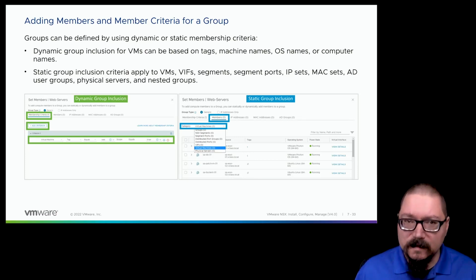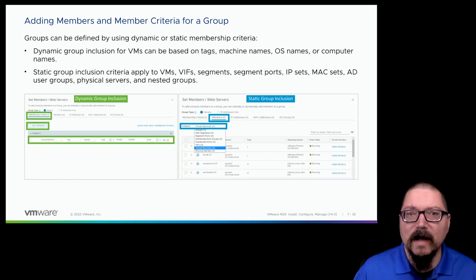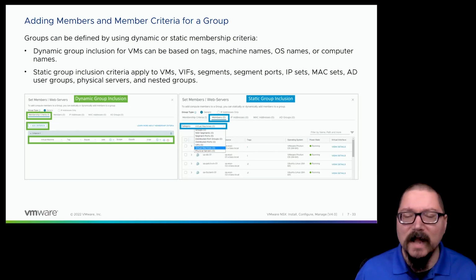What we're looking at, the dynamic membership option is highlighted in green in the slide here, where we choose our membership criteria and we start to define, if a virtual machine name contains this string, or virtual machine has that tag, or virtual machine has an operating system name of Linux or Windows or whatever it might be, right? These dynamic criteria that we can set up, sets of to include virtual machines into this group.